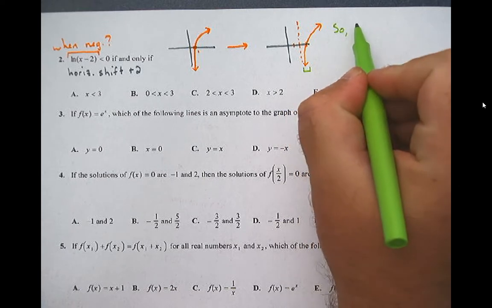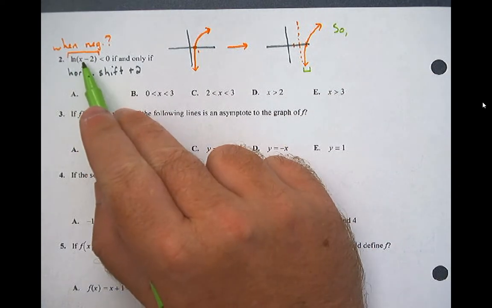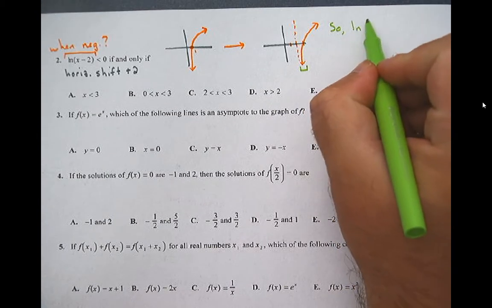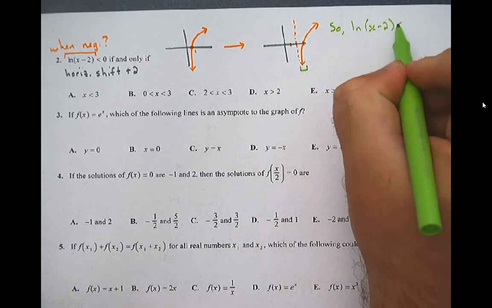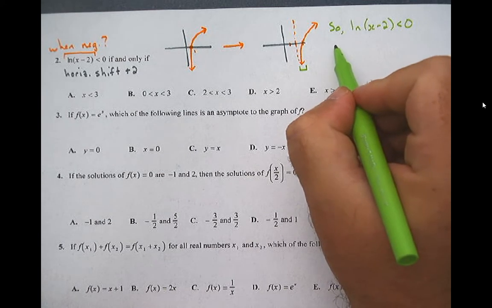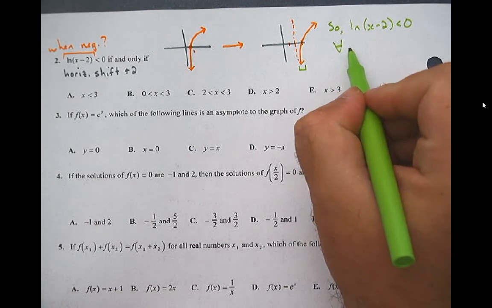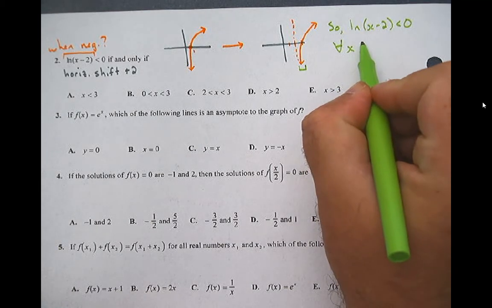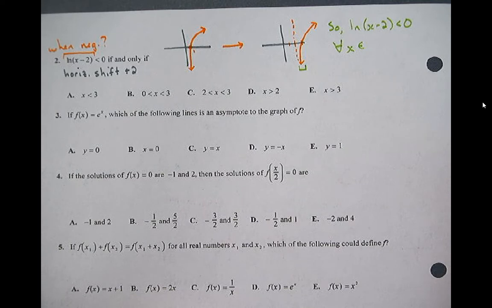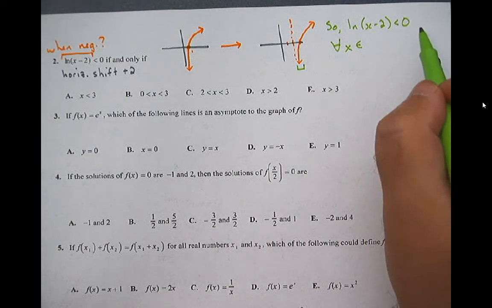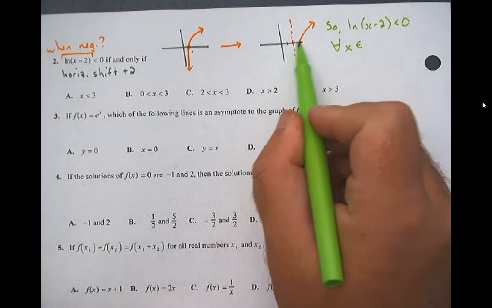So we want to know when the function is less than 0. So natural log of x minus 2 is less than 0 for all, upside down capital A means for all, x that are an element of, this sort of fancy symbol that looks like a C with a little line in the middle, that means element of. And then what interval is this?